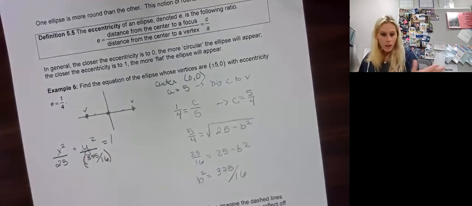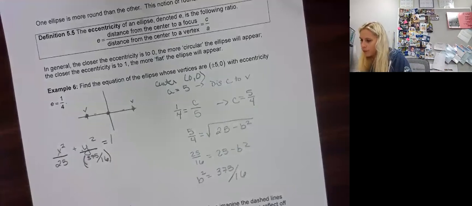Okay, almost done. Applications. As with parabolas, ellipses have a reflective property. If we imagine the dashed lines below representing sound waves, then the waves emanating from one focus reflect off the top of the ellipse and head toward the other focus.